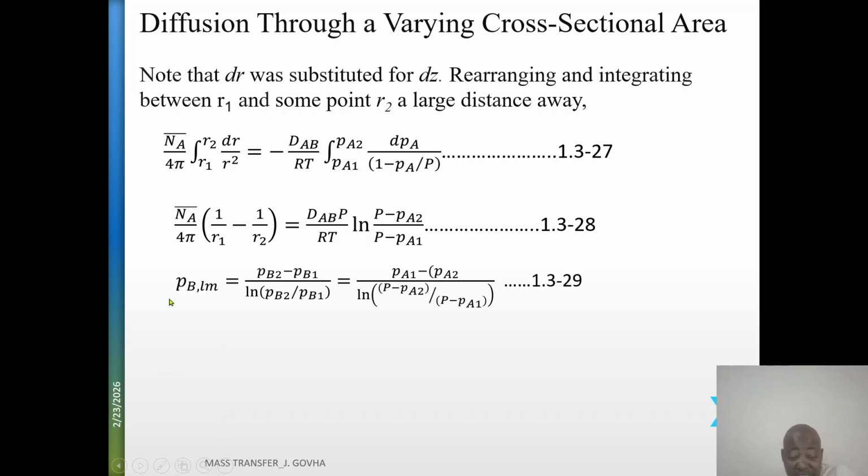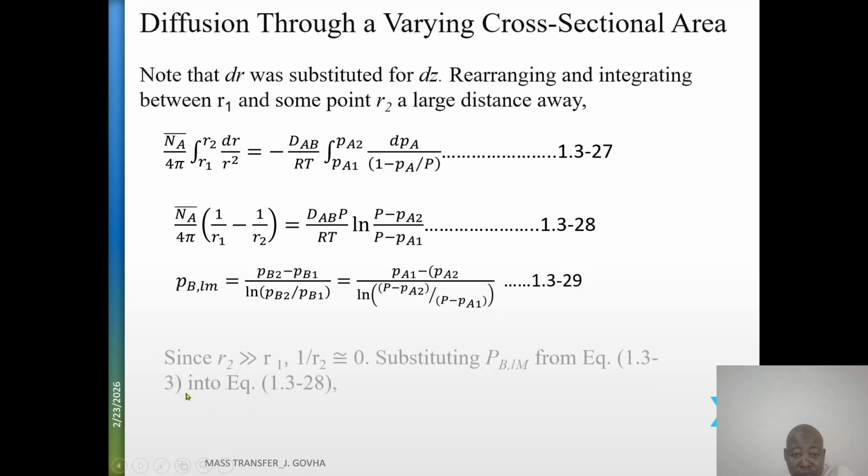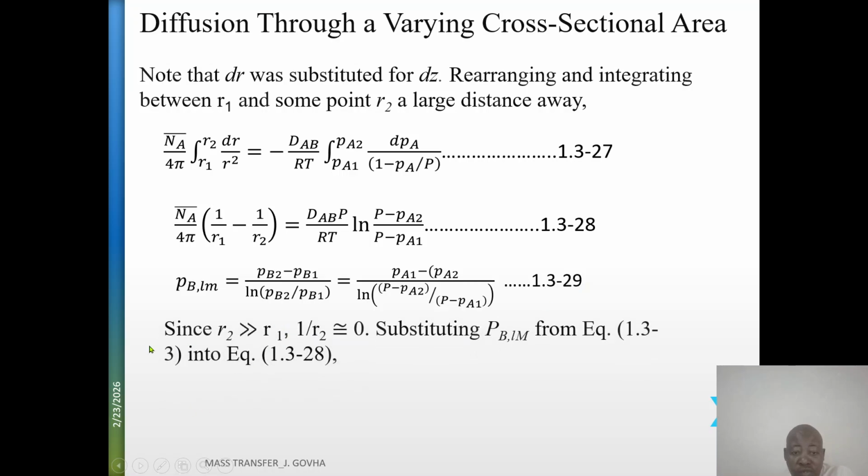Then noting that PB is equal to the equation given as 1.329, and since r2 is far greater than r1, you'd find that 1 over r2 is approximately equal to 0.